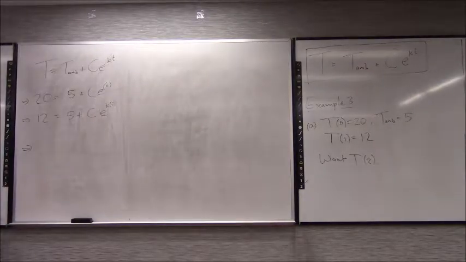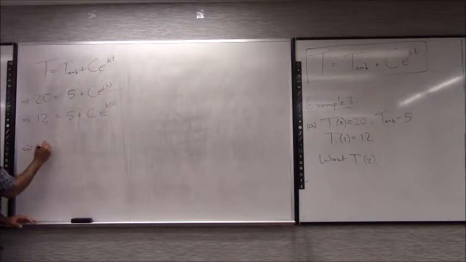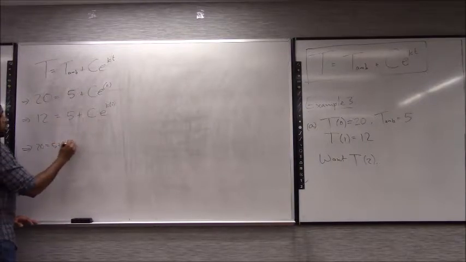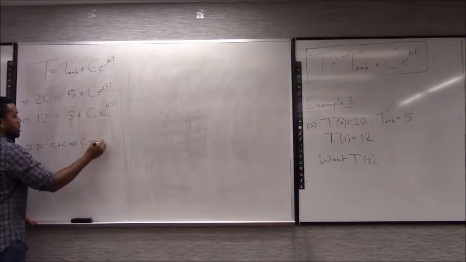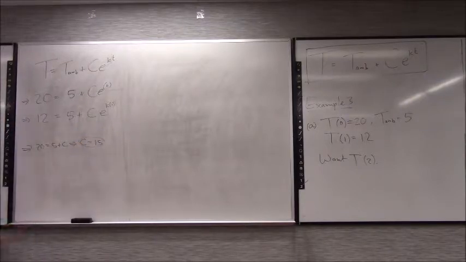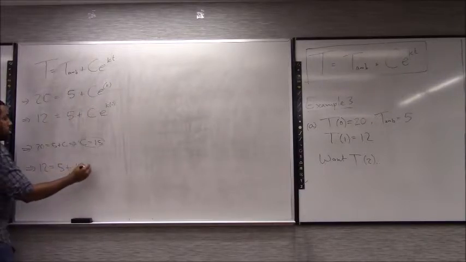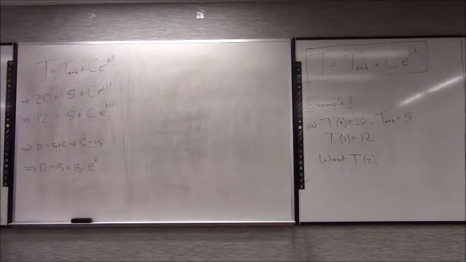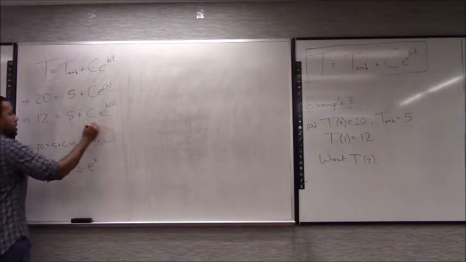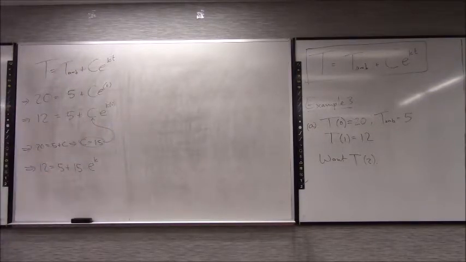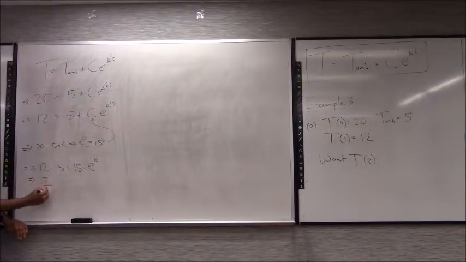This means what? Well, we know that 20 is equal to 5 plus C, which means that our C would be 15. So we found the C. And so this would mean that 12 is equal to 5 plus 15 times e to the k, by plugging that in here. So now it's 12 minus 5, that's 7, divided by 15, is equal to e to the k.